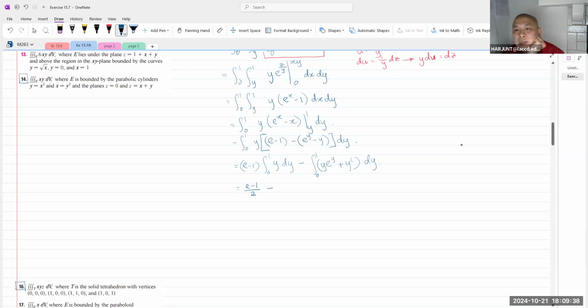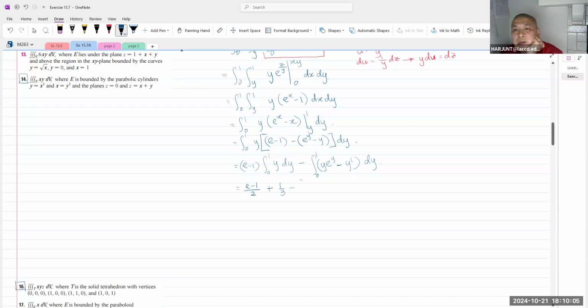Minus, let me integrate the y squared first. That will be minus 1/3. Actually, no, this is minus, yeah, that's minus. So this becomes plus 1/3.